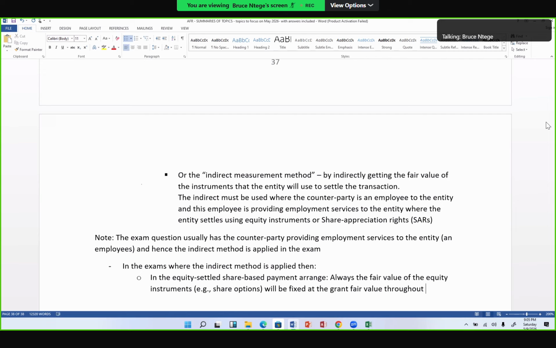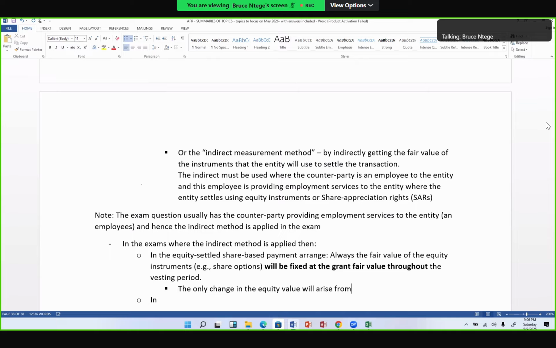So the only change in the equity value will arise from the possibility or probability that some employees fail to complete vesting conditions. Therefore, they forgo or fail to win those share options that were granted to them.